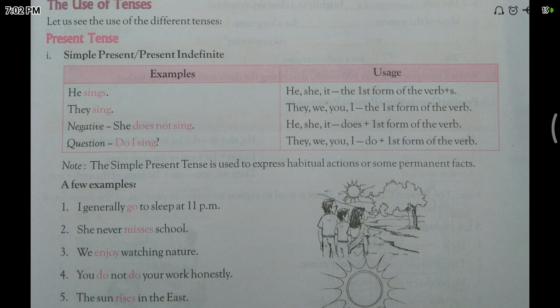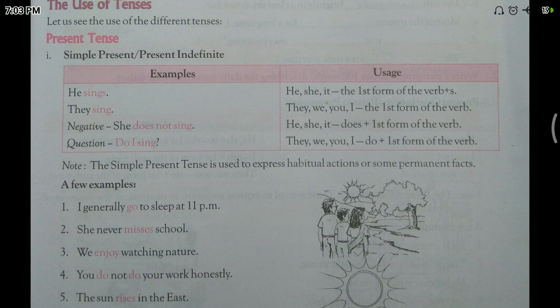But you also have to understand that all the nouns, if they are singular, will take s or es with the verb. If they are plural, then they will not take s or es. Only there will be a singular verb.